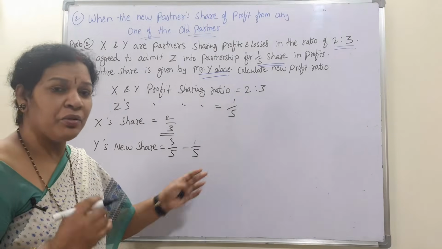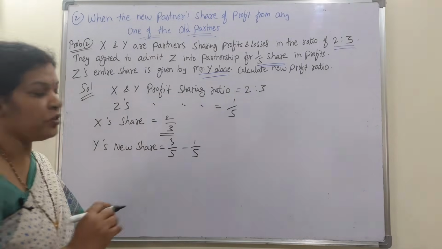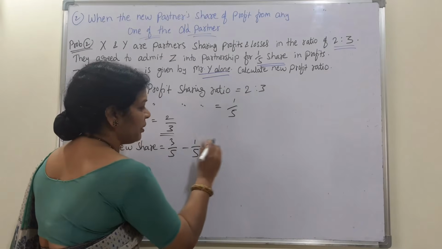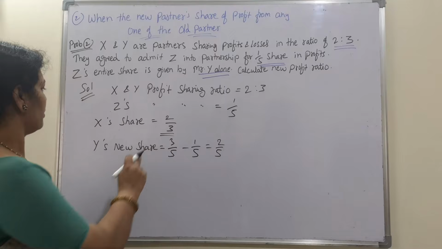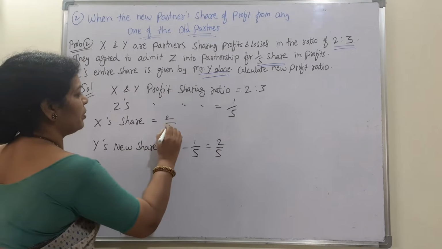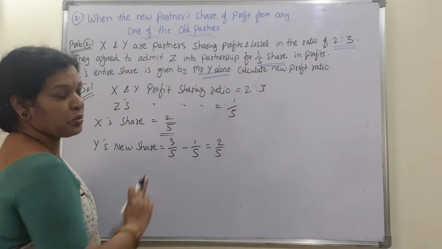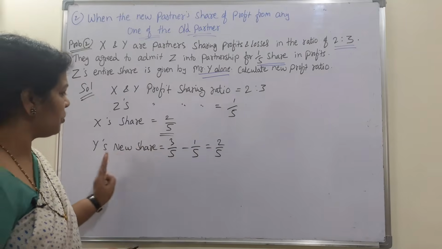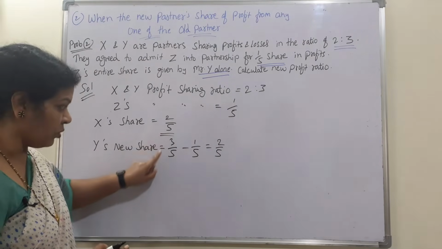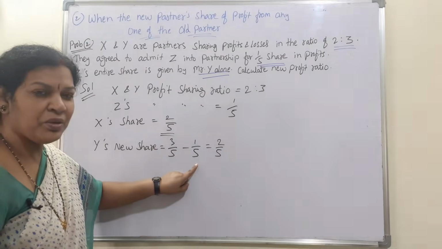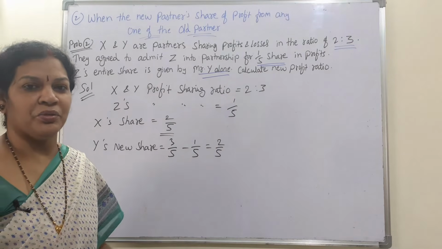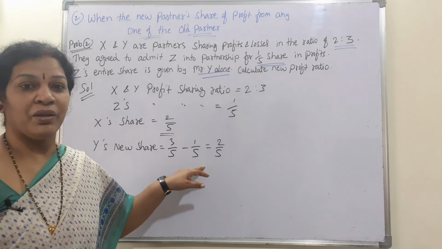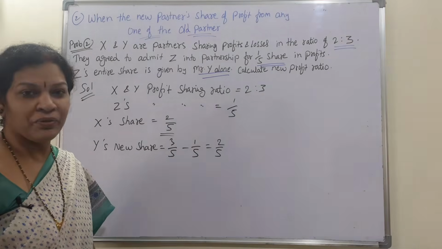Deduct it, so that you will get Y's new ratio. 3 minus 1 is 2, so 2/5. Sorry, X's ratio is 2/5, it's already given, 2:3. And Y's ratio is his old ratio minus how much he wants to give, 1/5. Deduct it and you get Y's ratio. When he has given 1/5, now the leftover is only 2/5.